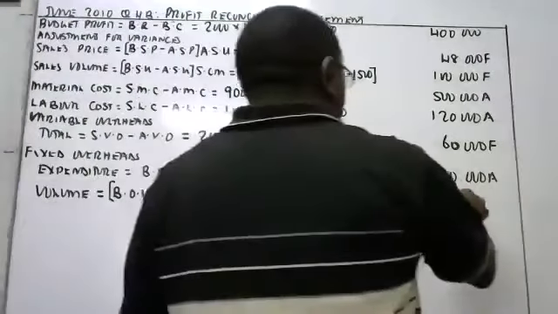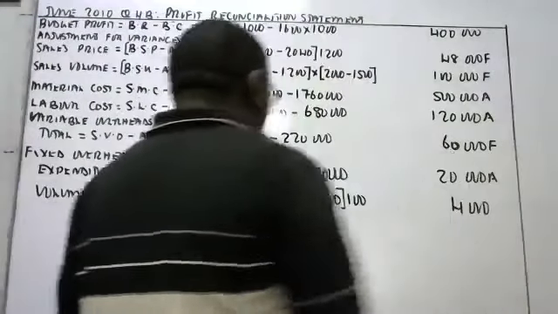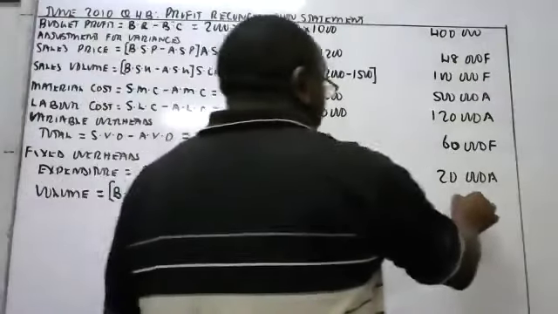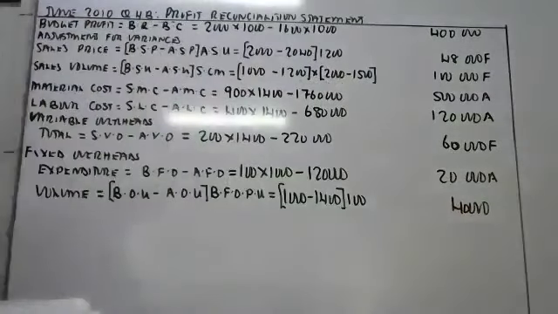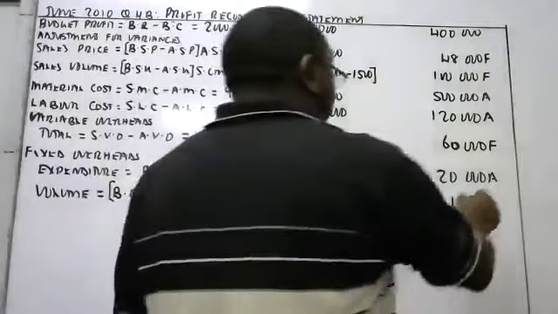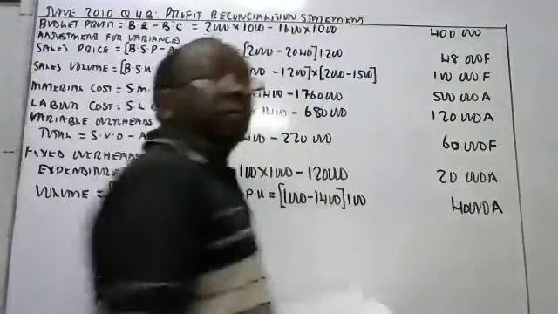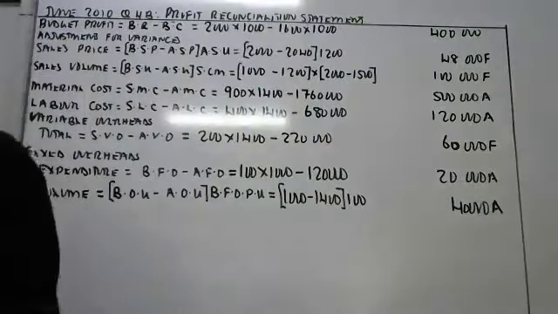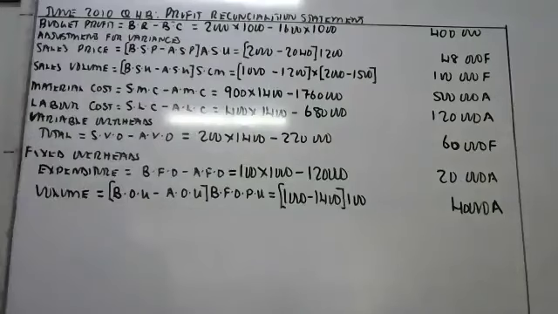That gives 40,000, which is favorable because we produced more. But for the purposes of reconciliation, you interpret it in reverse, as adverse.